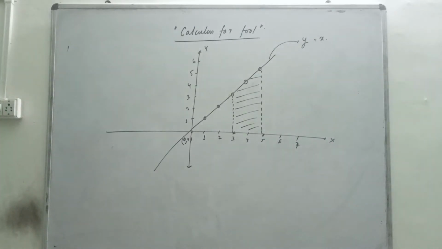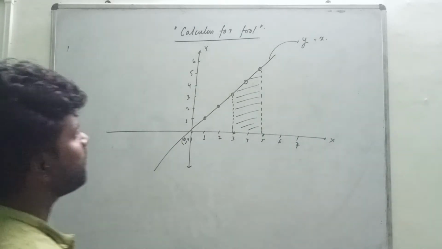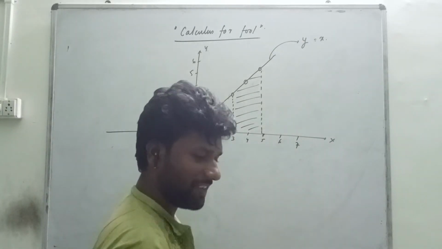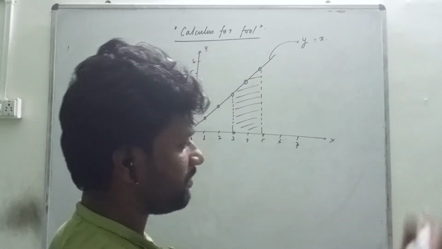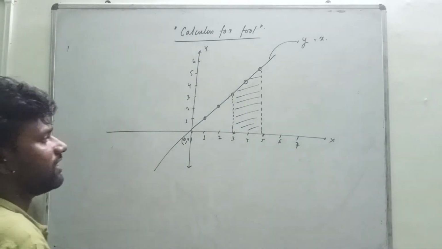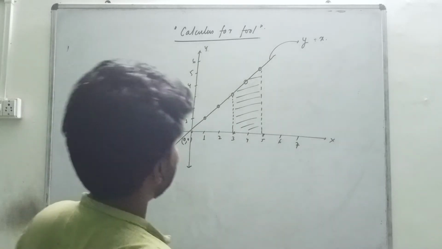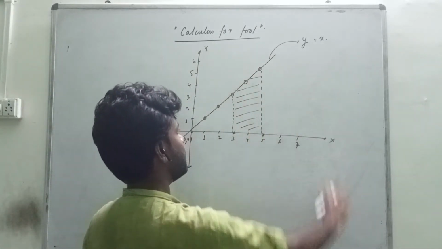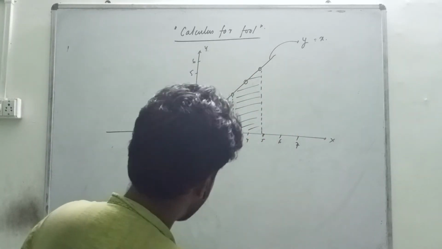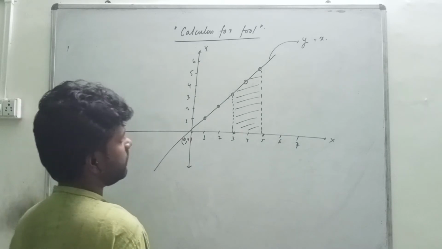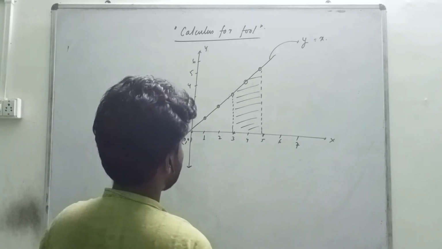So what will you do? Maybe it is actually a trapezium, right? So from your class 9, 10, 7, you just calculate the area of this trapezium, you will get the area. Or another way, what is the other way?